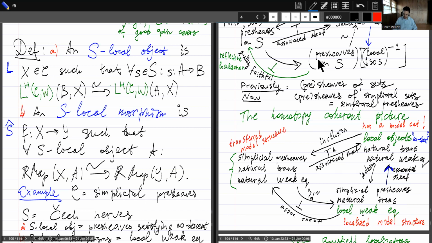So the role of the category of fractions is assumed by simplicial presheaves, natural transformations, and local weak equivalences as weak equivalences. And the associated sheaf functor, by definition, will factor because it sends all local weak equivalences to natural weak equivalences of the associated sheaves.